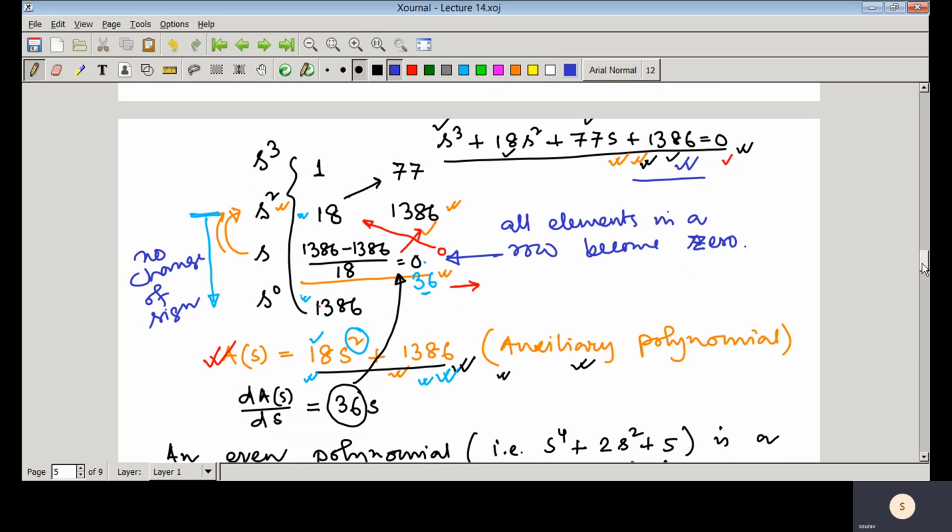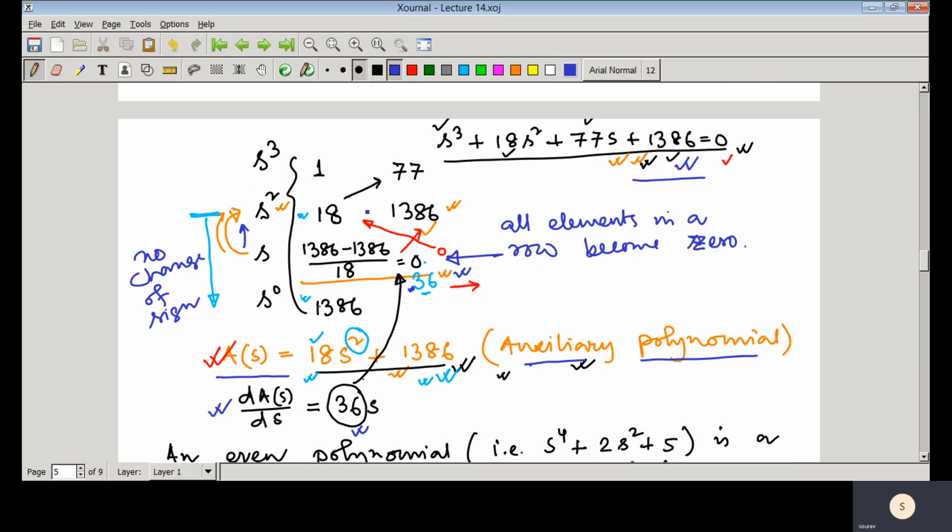Then we find that one of the rows becomes 0, and whenever one of the rows becomes 0, according to the Routh table method, you need to go one step above and write one equation. This polynomial is called the auxiliary polynomial, and then we need to take the derivative of that polynomial, take this coefficient and replace it here, and then again proceed.